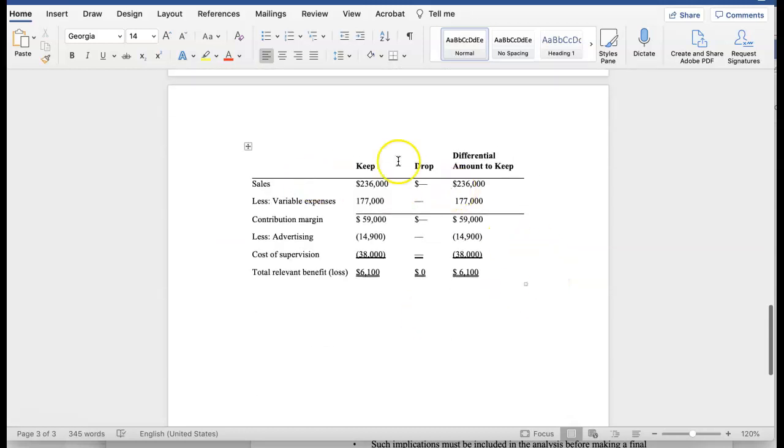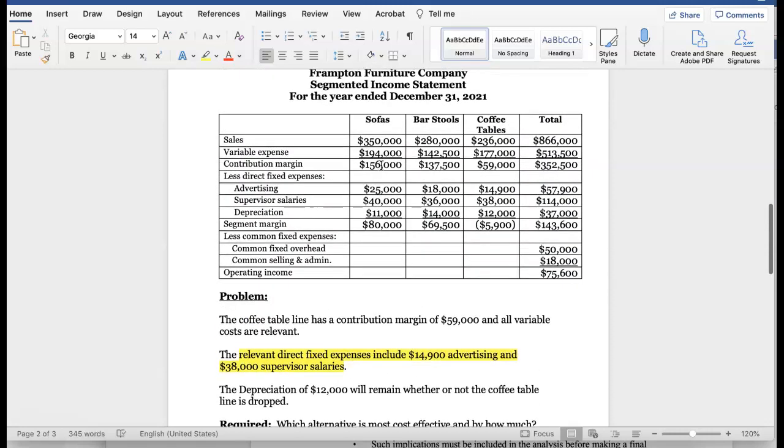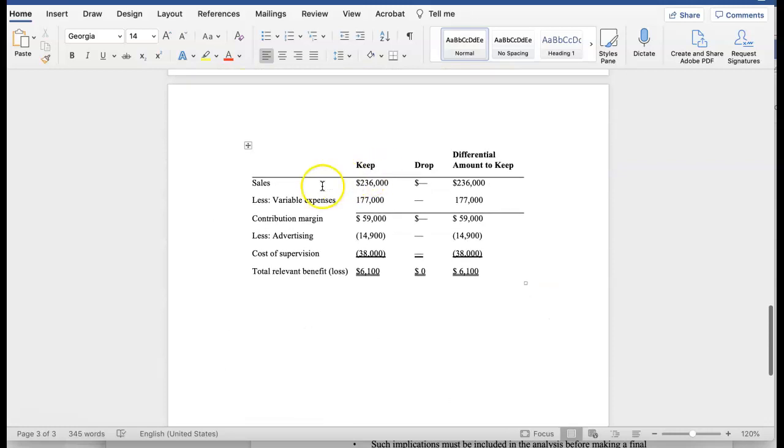I've created this chart. All of the information for keeping that particular segment is in this column, all of the relevant cost for dropping is in this column, and the differential is the difference between the two. If we keep the coffee table segment, our sales are $236,000.